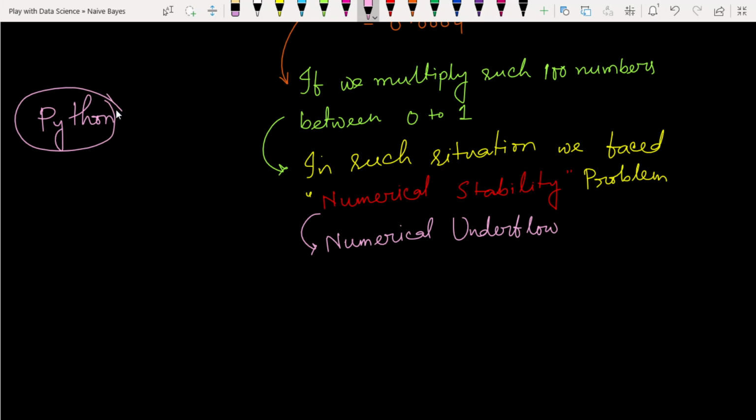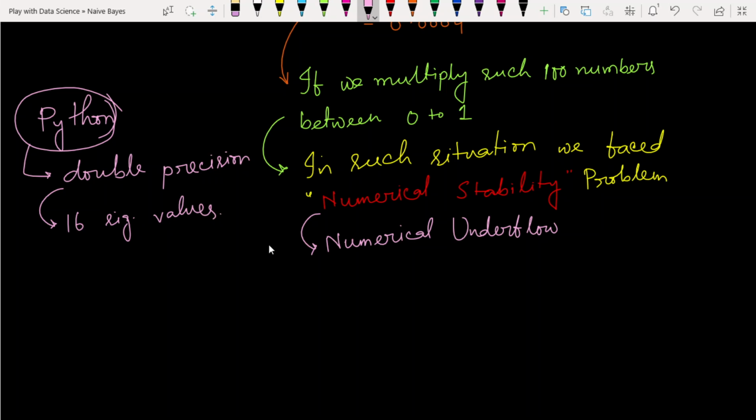In Python you will see double precision. In double precision, we have rounding of numerical numbers up to 16 significant places. For example, take pi, which is 3.14 and so on.